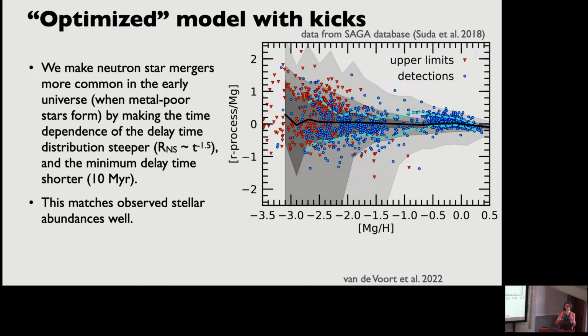So now it's a steeper distribution. That means that more neutron star mergers will go off fairly soon after a star particle has formed, therefore will be more closely connected to the ISM and have a less long delay from coming back from the halo gas into the galaxy. So this matches relatively well.